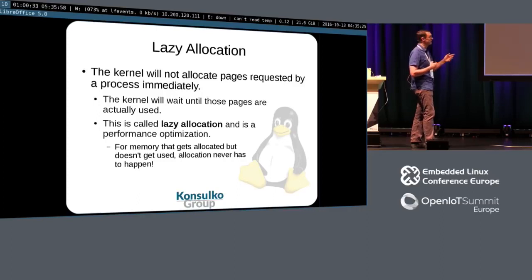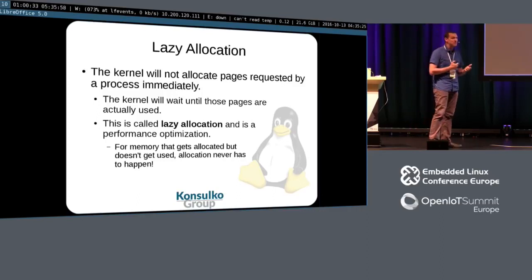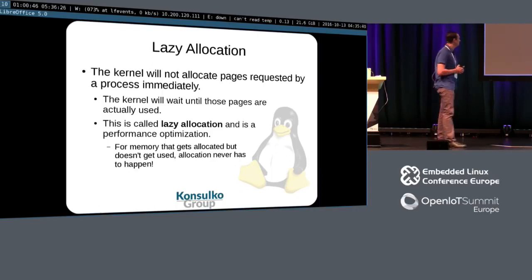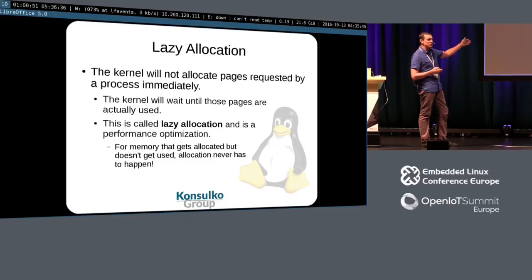That's what we call lazy allocation. It's an optimization: the kernel is going to wait until you actually need to use that memory. So if you're allocating a 4 megabyte chunk of memory for your database and you haven't touched any yet, it didn't really allocate anything for you. If you never use it, you never touch it, it never allocates anything.